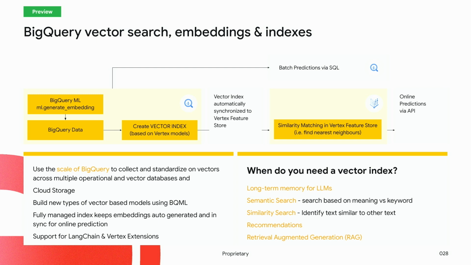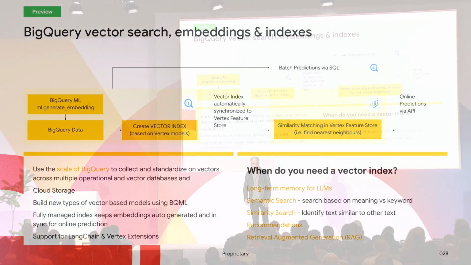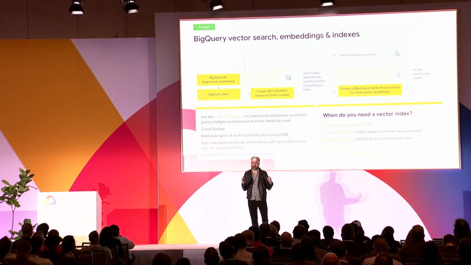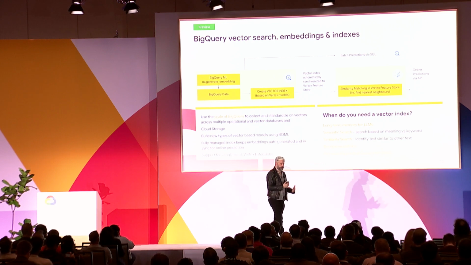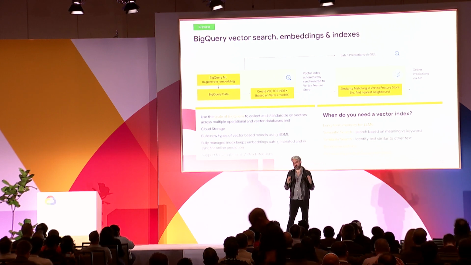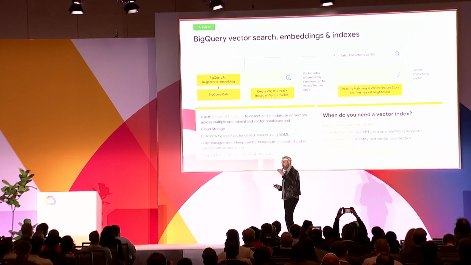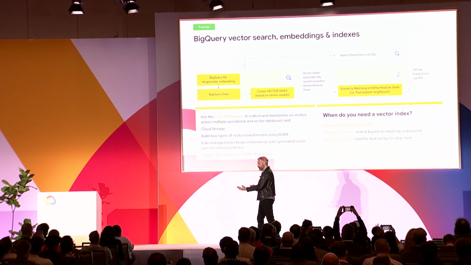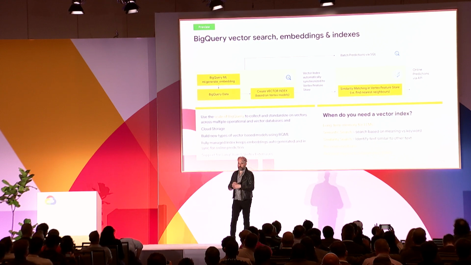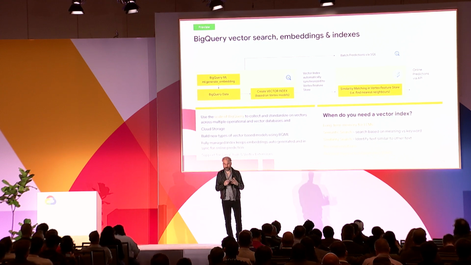It's an interesting mathematical approach, and I'd highly recommend watching a cool YouTube video breaking it down. For those who do know, we offer that capability natively inside of BigQuery, where you can generate embeddings directly in place. You also have the ability to use vector search indexes directly in place with BigQuery. After you generate those embeddings, you can use BigQuery vector search to do the similarity searching I was mentioning earlier.